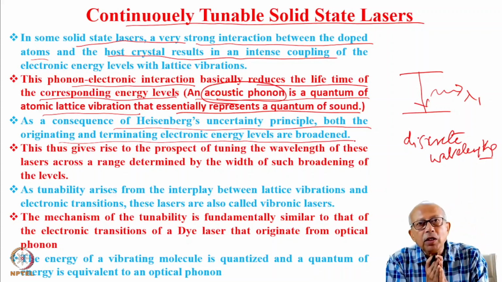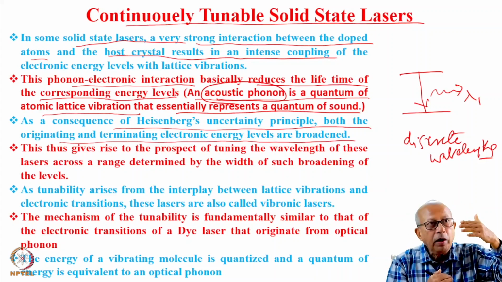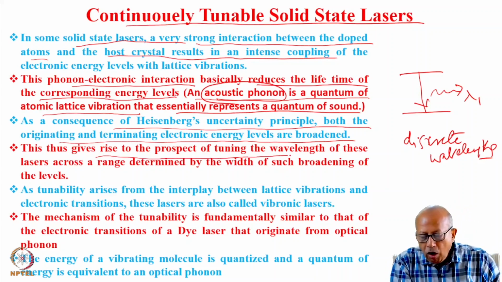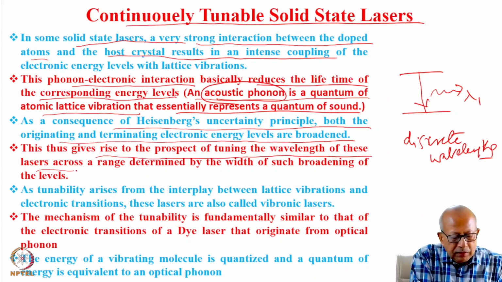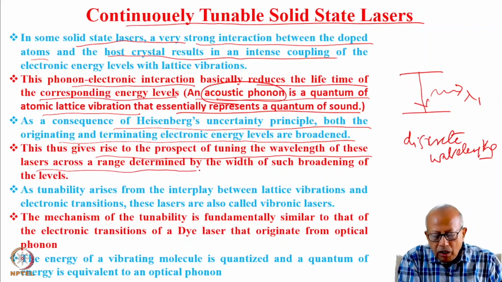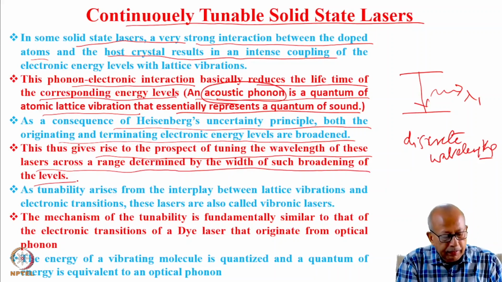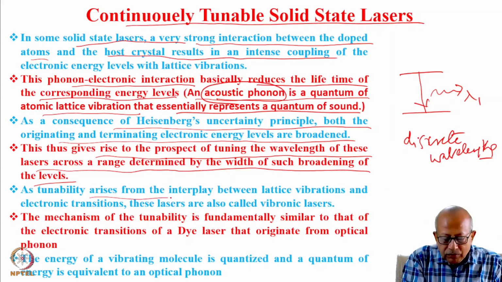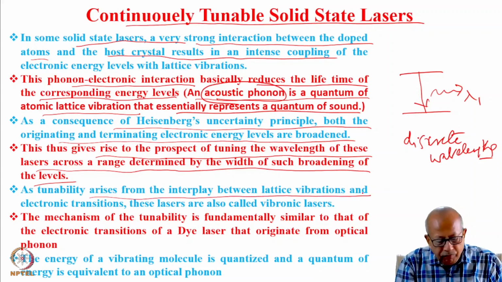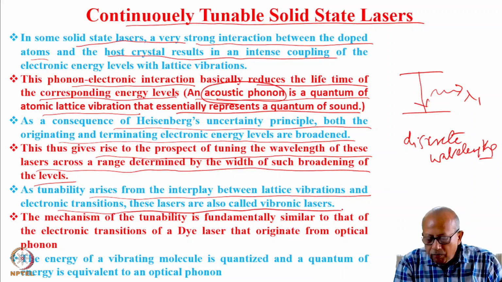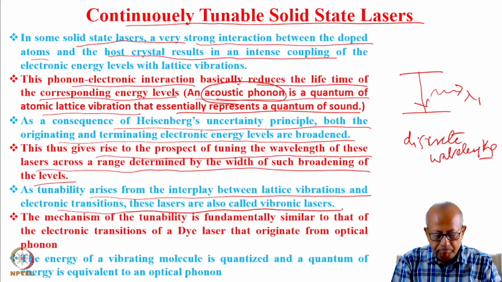If the lifetime reduces, the energy levels are broadened. This gives rise to the prospect of tuning the wavelength of these lasers across a range determined by the width of such broadening of the levels. As tunability arises from the interplay between lattice vibrations and electronic transitions, these lasers are often called vibronic lasers.